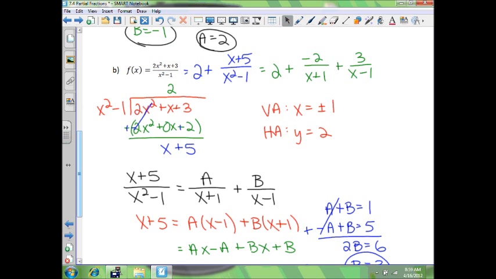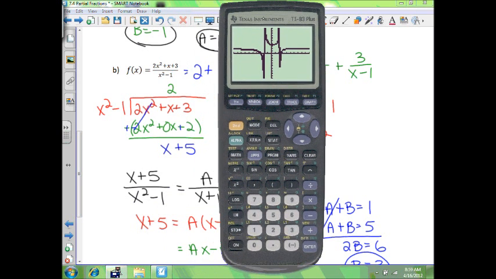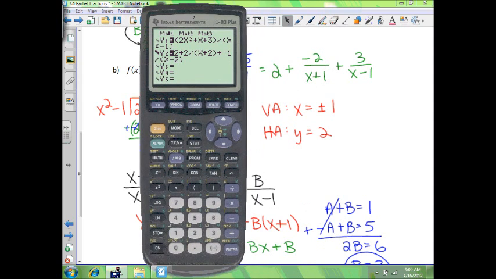So when you put that function into your calculator, this would be a minus 2.